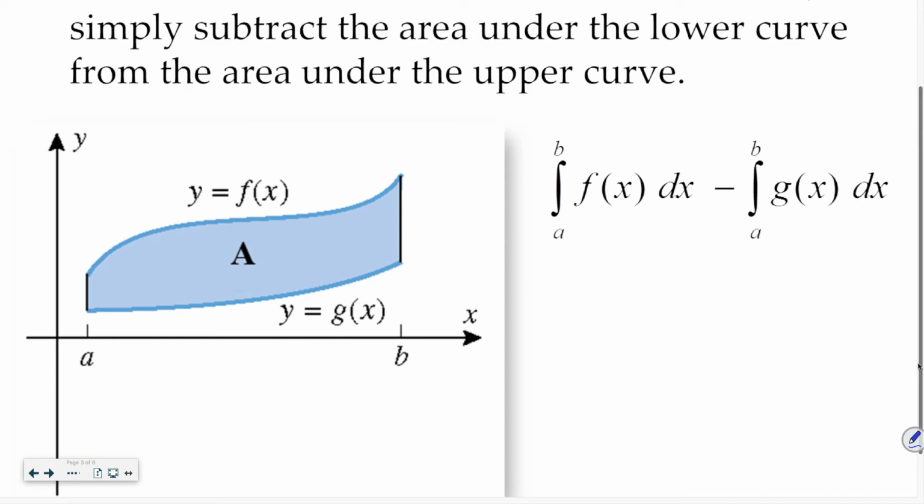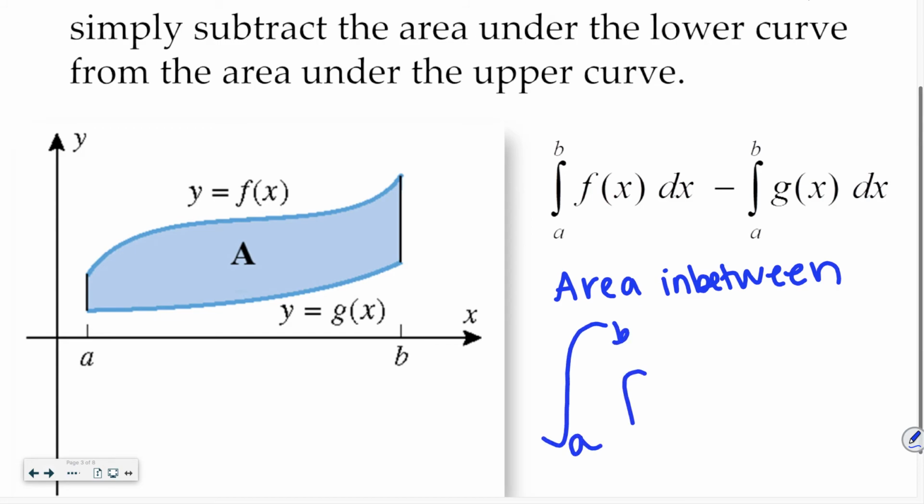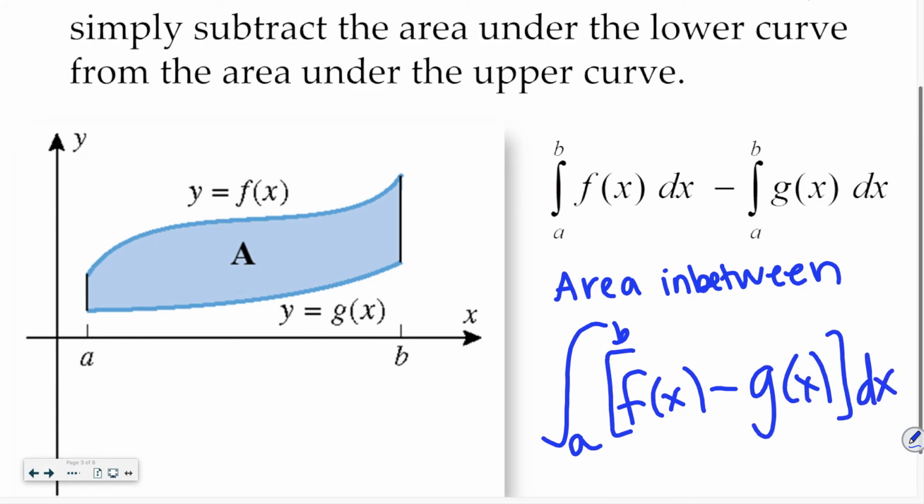So what you need to know is that if we're talking about the area in between, we're going to have the integral of f of x minus g of x dx, where f of x is above. It would be our top function. g of x would be below, our bottom function.